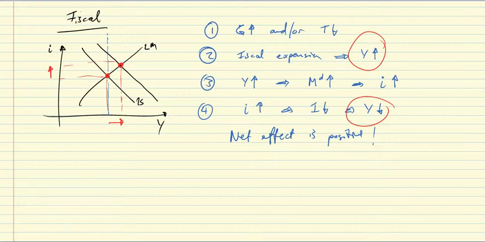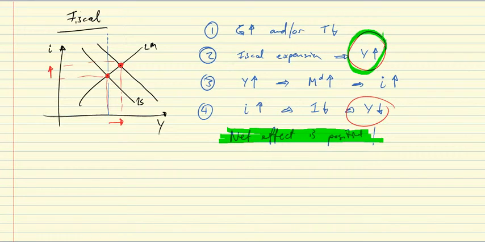So let me highlight that. Fiscal policy leads through the multiplier process to higher output. Higher output leads to a higher interest rate, which in turn reduces investment, which reduces income, but the net effect is positive as long as the LM curve is not vertical.